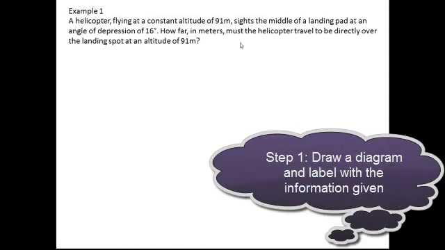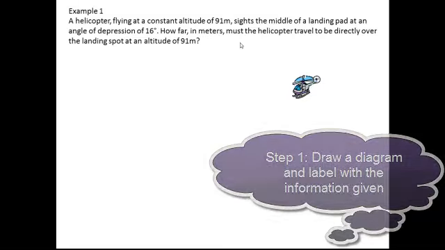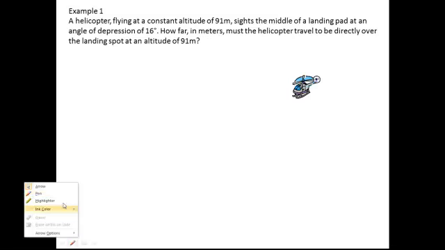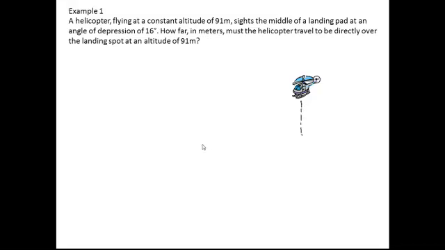We've got our helicopter here, and it's flying at a constant altitude of 91 meters. So that means it's 91 meters above the ground. So I can draw that in here. If I say, okay, this is the ground, that's 91 meters above the ground.